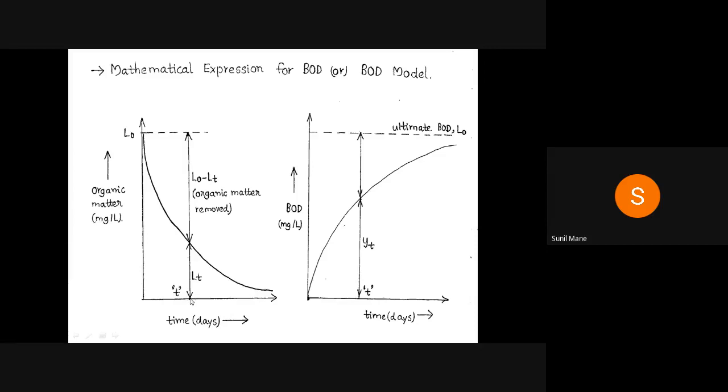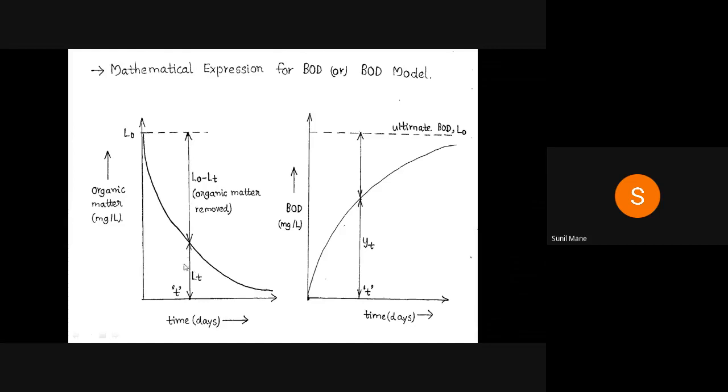If you take this observation, about 60 to 70% of the organic matter has been consumed. So this is the organic matter which is still present, and the organic matter which has been removed or consumed is from the maximum to this point.